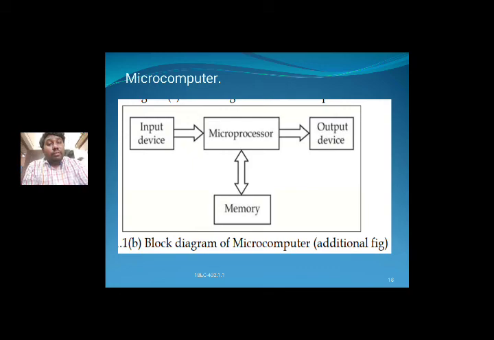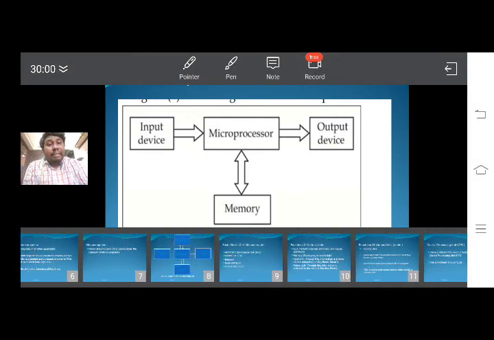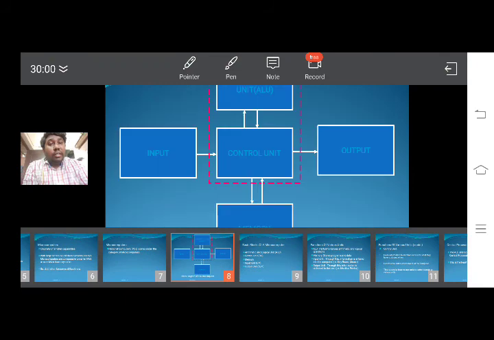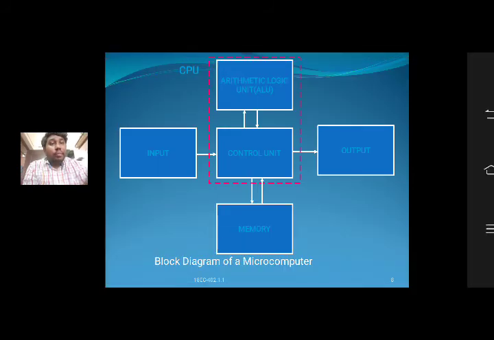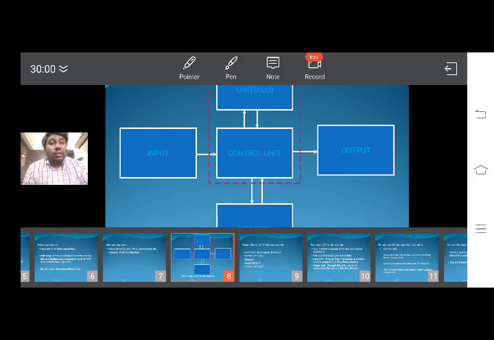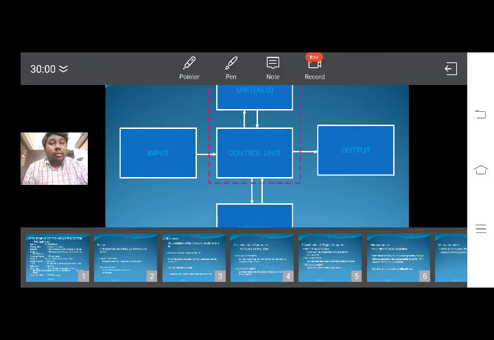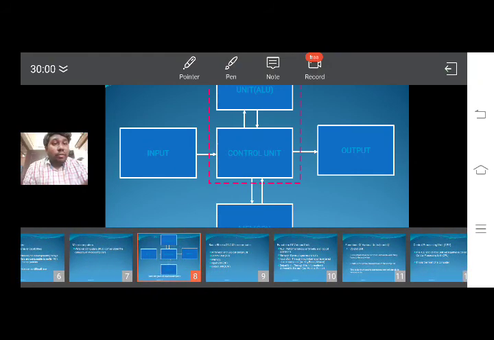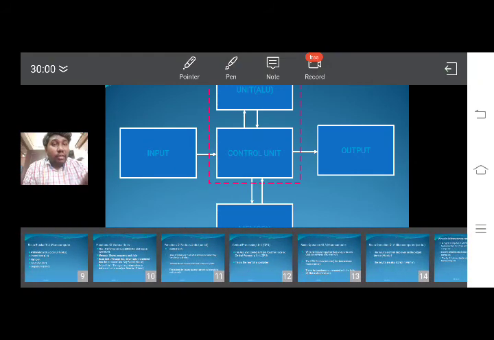And also, if you want to discuss the digital computer, the block diagram of a general computer has the arithmetic logic unit and control unit, combined called the CPU, input unit, output unit, and a memory unit.